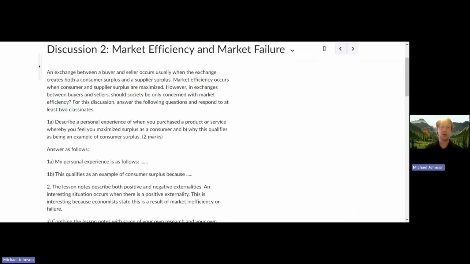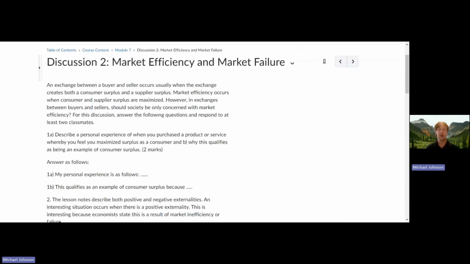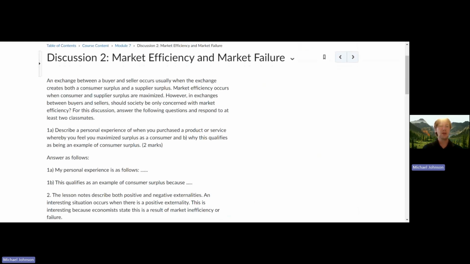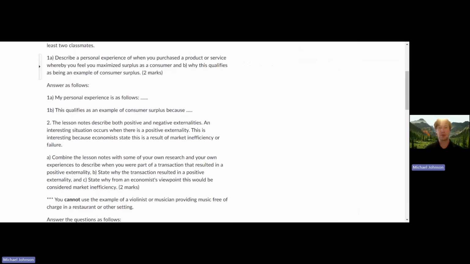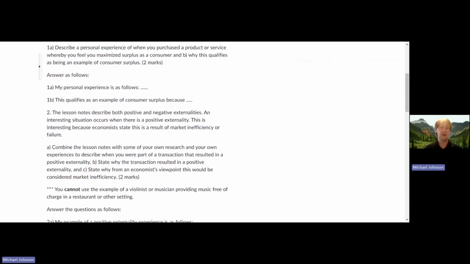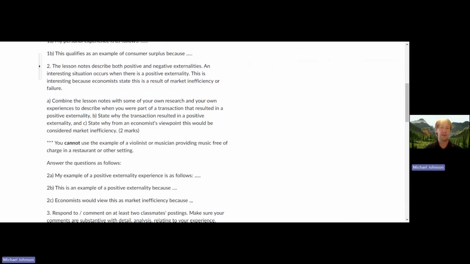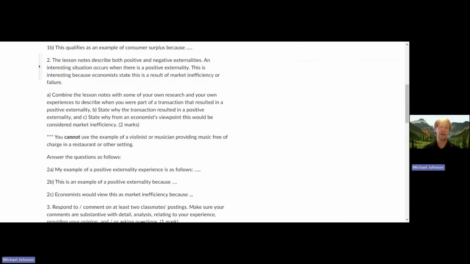For discussion 2, you have to describe a personal experience of when you purchased a product or service whereby you maximized surplus as a consumer and why this qualifies as an example of consumer surplus. State the personal experience, talk about why it's an example of consumer surplus, and then talk about why it results in a positive externality and why, from the economist's viewpoint, this would be considered market inefficiency.